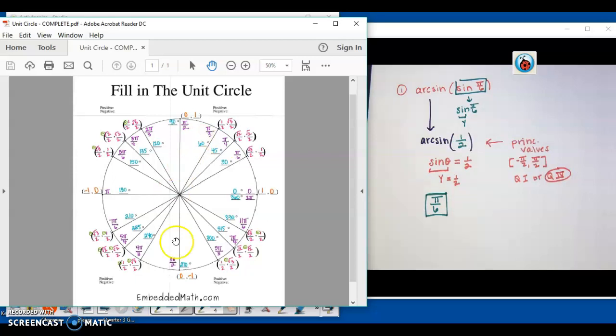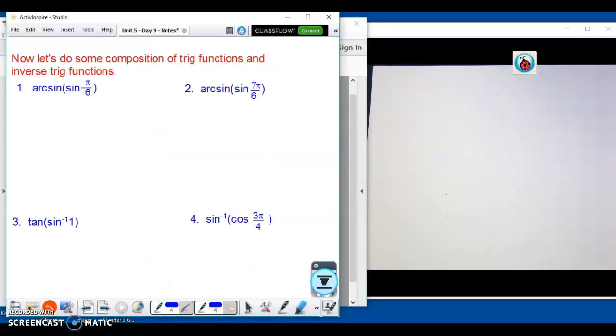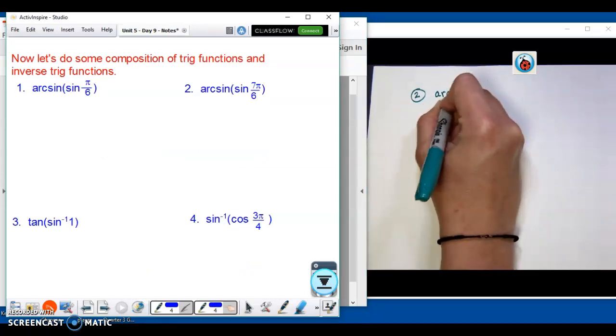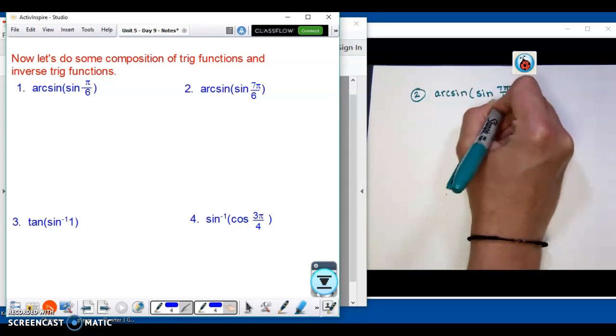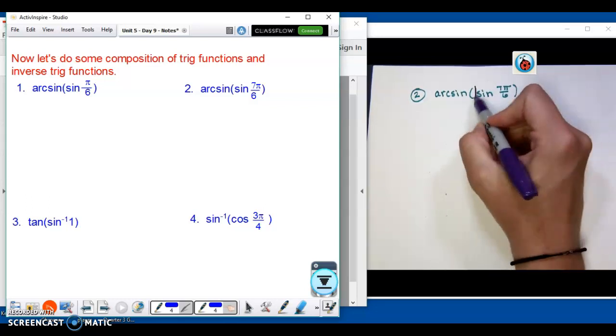Okay. So take a look at number 2. We have arc sine of sine of 7 pi over 6. So it's set up like the last problem, but we have a different measure, 7 pi over 6, that we're going to work with. So you're always going to start with the inside.